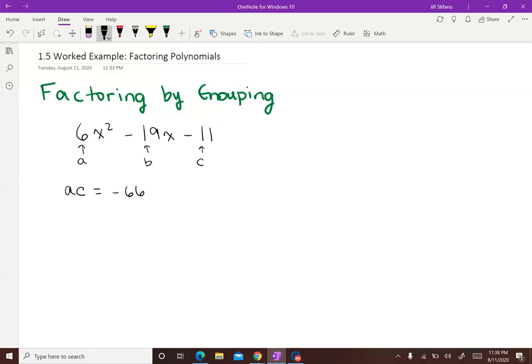Let's list the factors of ac. And we want to find a pair of factors such that the sum is b, or negative 19 in this case. So let's also write down the sum of the factors.